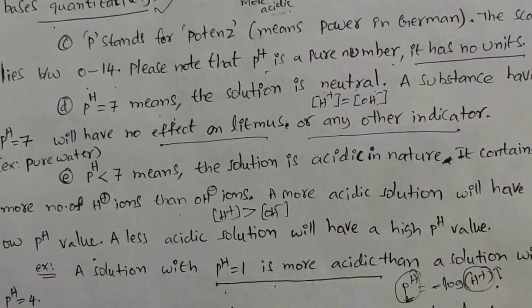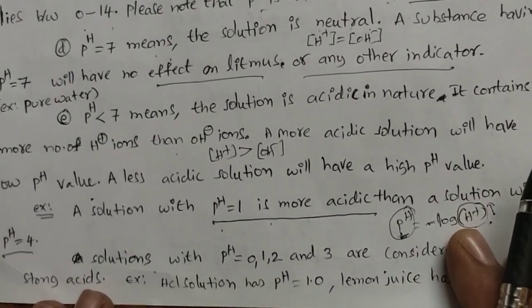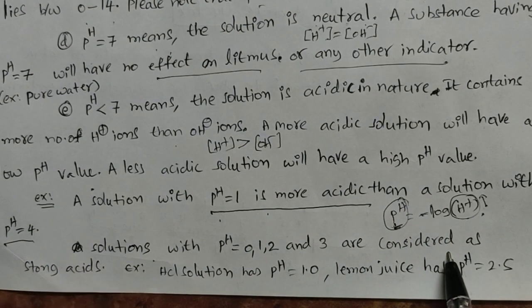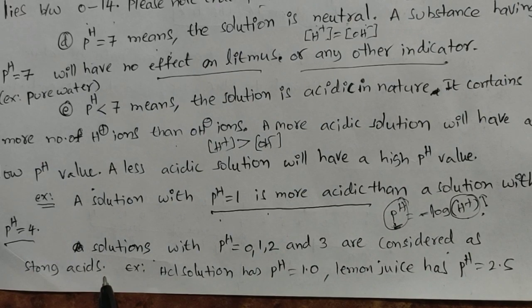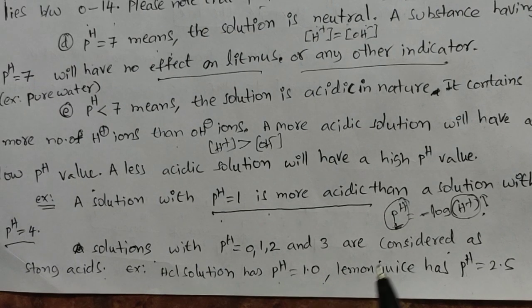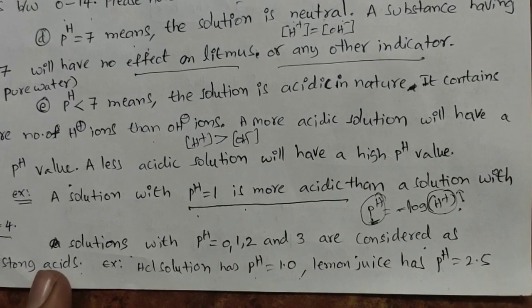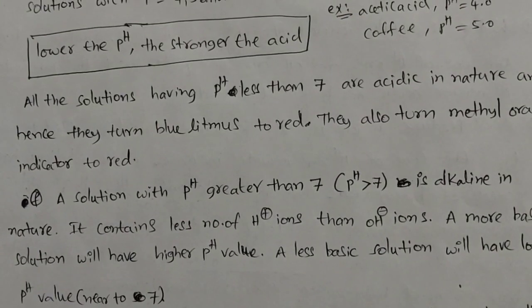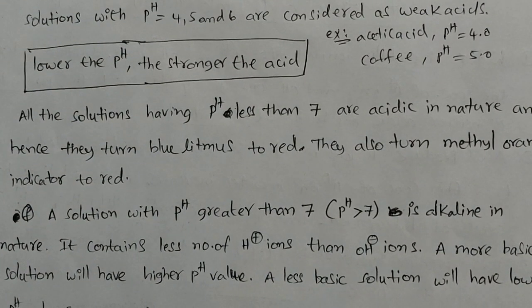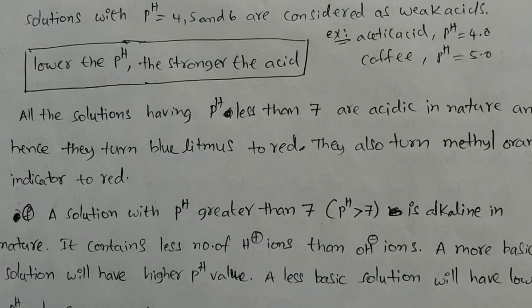Among the acidic solutions, those with pH 0, 1, 2, 3 are considered strong acids, right? For example, HCl solution has a pH of 1. Lemon juice has a pH of 2.5. Next, solutions with pH equal to 4, 5, 6 are considered weak acids.